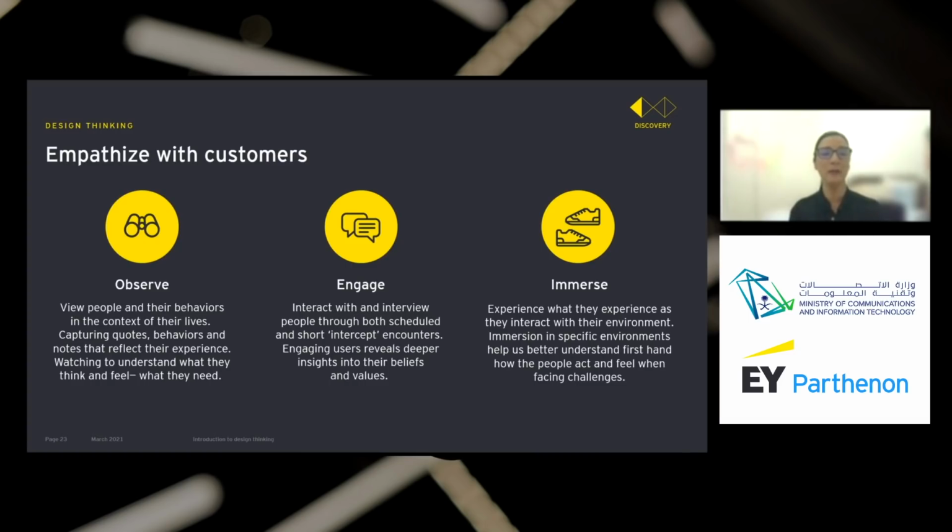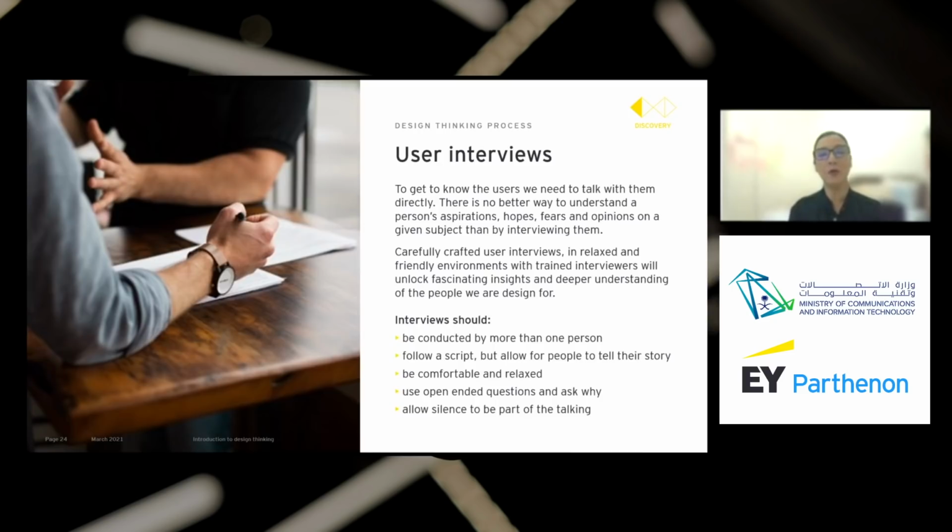Here we might interview people through scheduled interviews where we ask users to reveal their deeper insights into their beliefs and values. And the third way is immersion. Here we experience what they experience as they interact with, say, the game or a product or a solution. And we look at how they act as they go through the process of interacting with the game or product or solution.